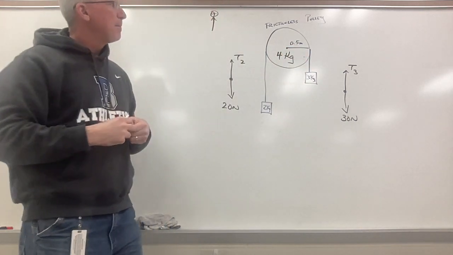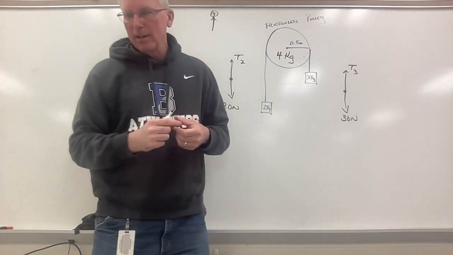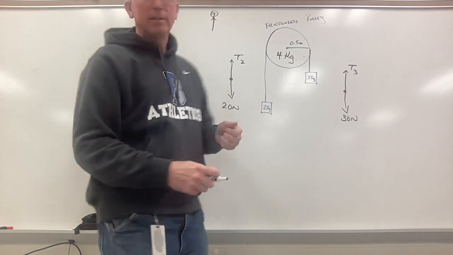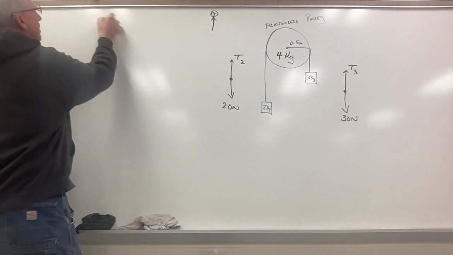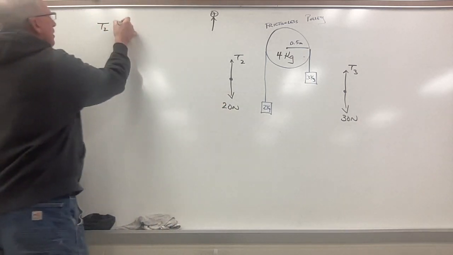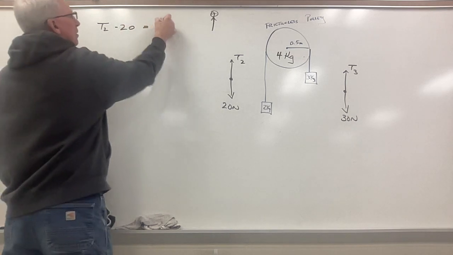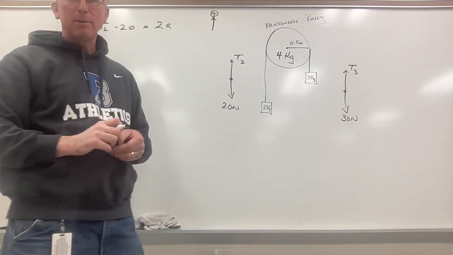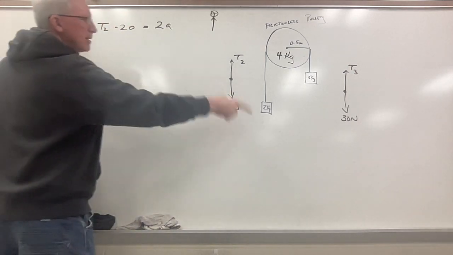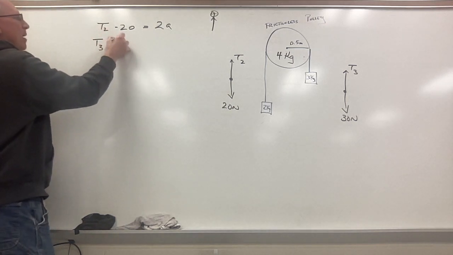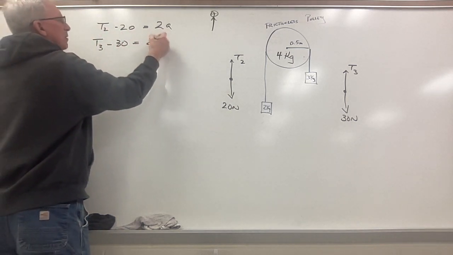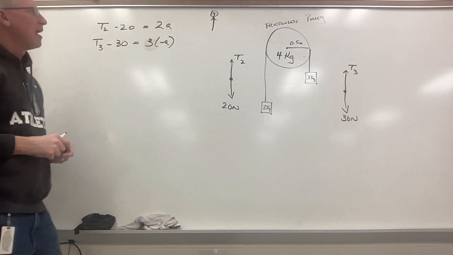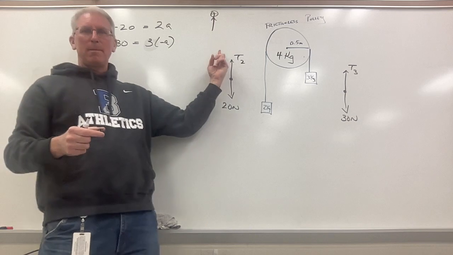So what we have here is we can start out where we started before, and we can say that T2 minus 20 is equal to 2A. Same equation we had before. T3 minus 30 is equal to 3 times negative A, because we've kept our same reference frame.